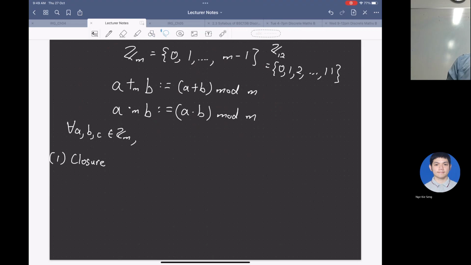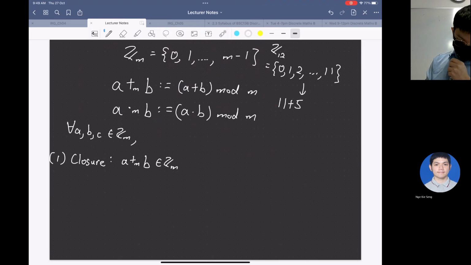So you can imagine a Zm you like and then take three numbers. Closure means if you add them together, it is still in Zm, still living in this set. For example, let's take 11 plus 5.